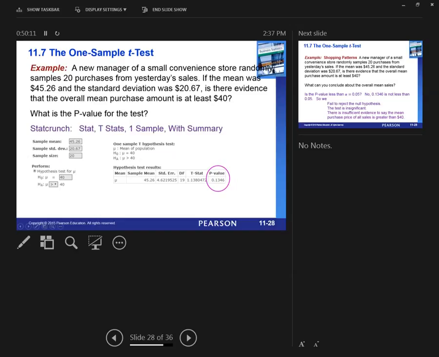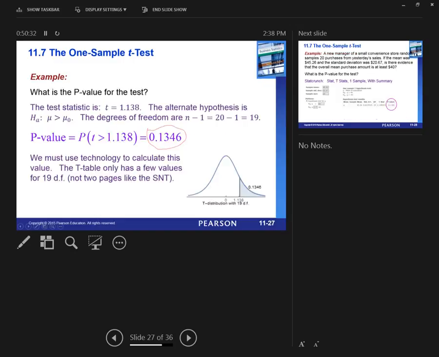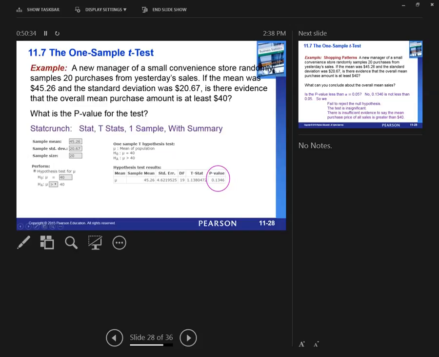The hypothesis test is already checked, but I'm testing if mu is greater than 40, so I change that 0 to 40 and the not equal to a greater than. Then I click, and there's my p-value, 0.1346.